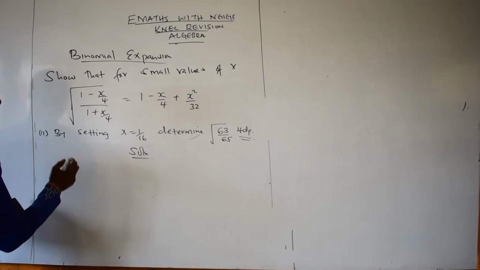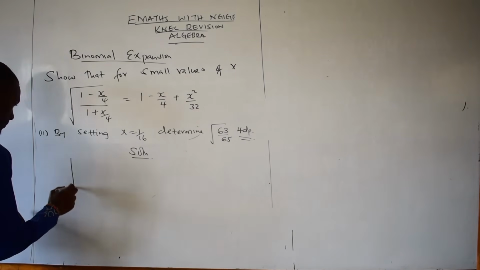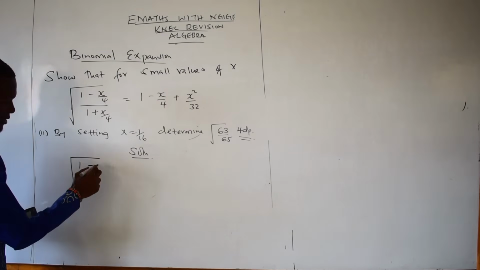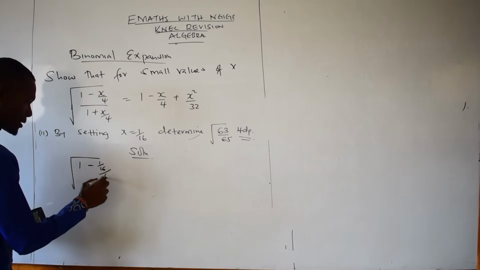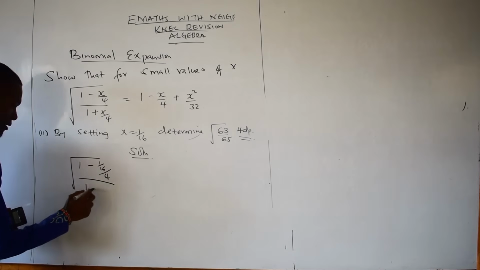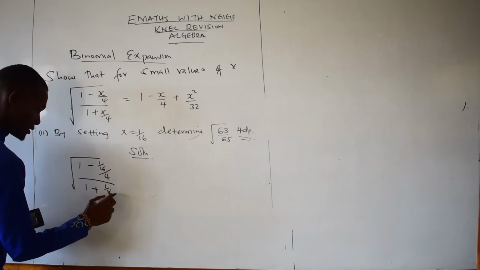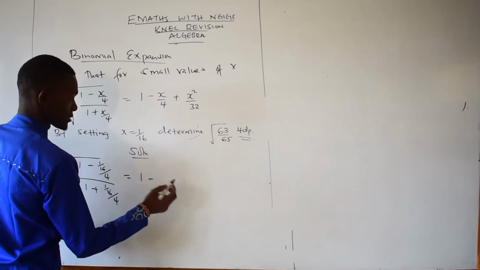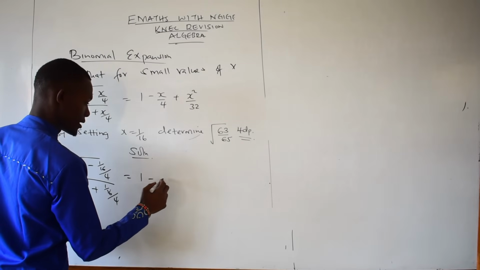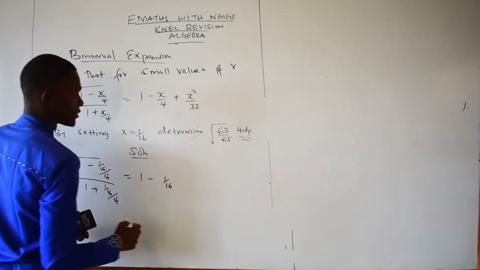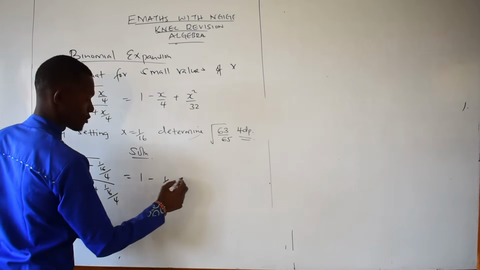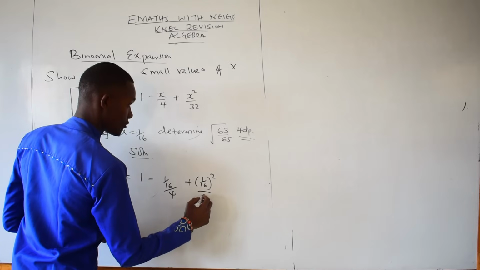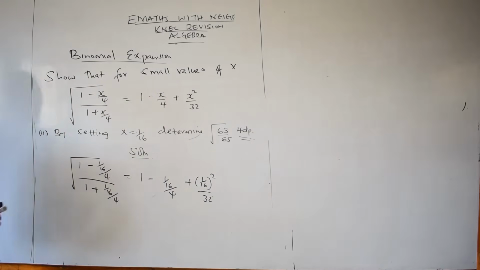So in short, we're saying we have the root of 1 minus x, so x is 1 over 16, divided by 4, over 1 plus 1 over 16, divided by 4, equals 1 minus 1 over 16, then divide again by 4, plus 1 over 16 squared, then over 32.